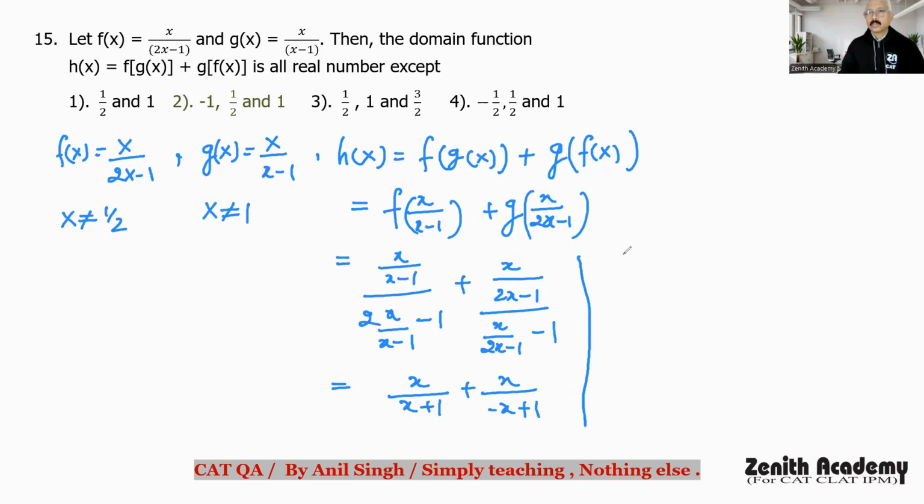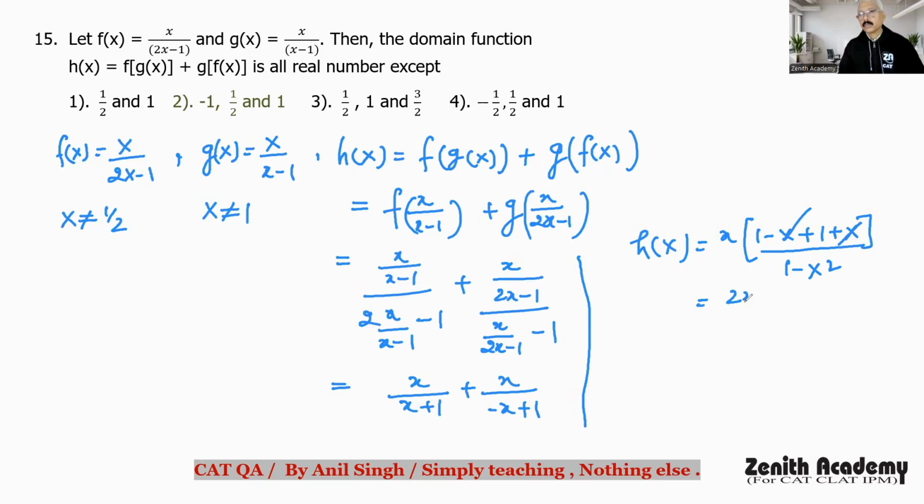So this h(x) will be x into 1 minus x plus 1 plus x upon 1 minus x square, cancel, 2x upon 1 minus x square. So here x equal to minus 1, if you put, then denominator will be 0.